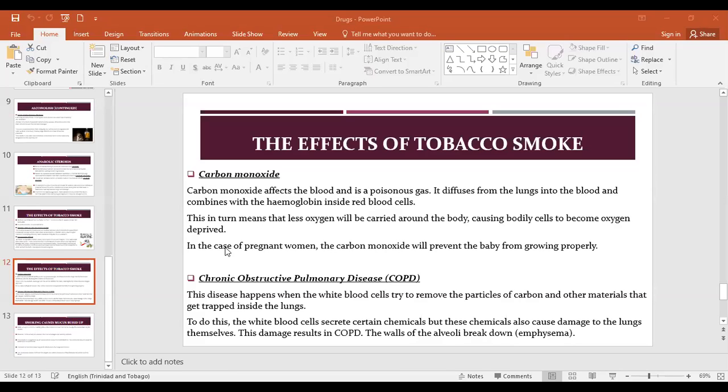After enduring that for a while, your lungs would end up looking as though you were a smoker, even though you never puffed a cigarette in your life. It would still be just the same as a smoker. So it is very dangerous. And all of these side effects could also happen as a result of inhaling secondhand smoke.